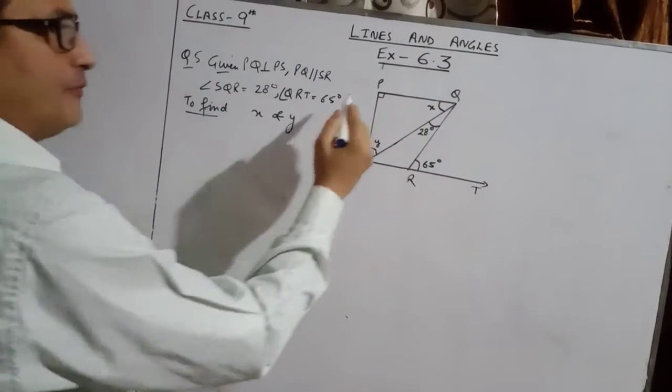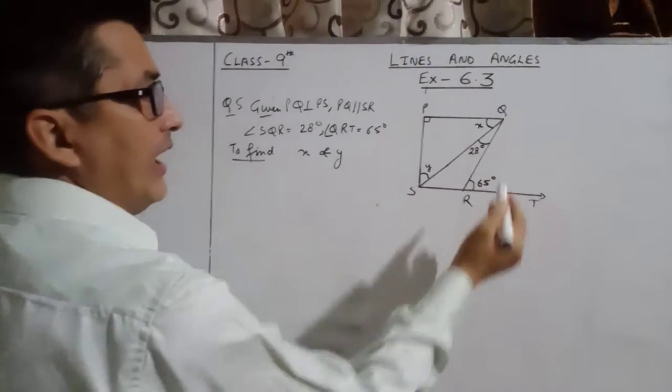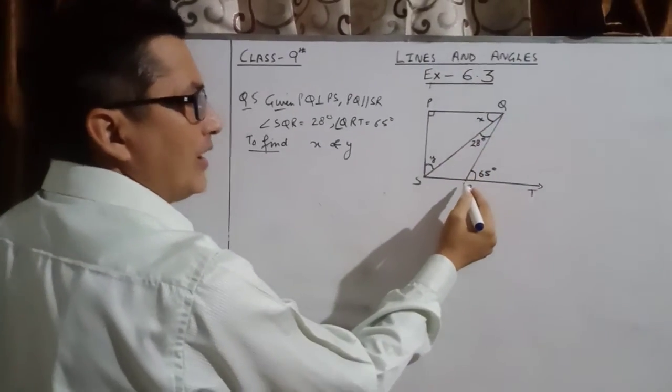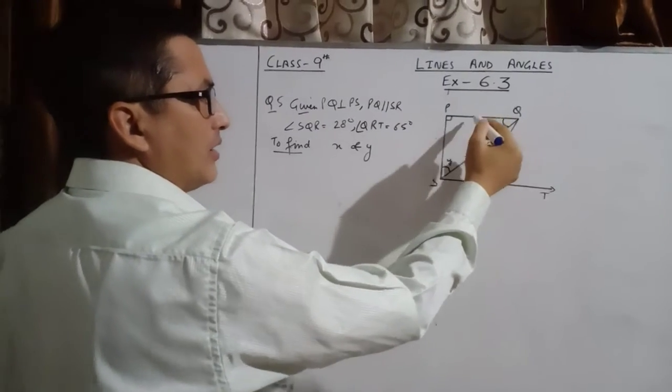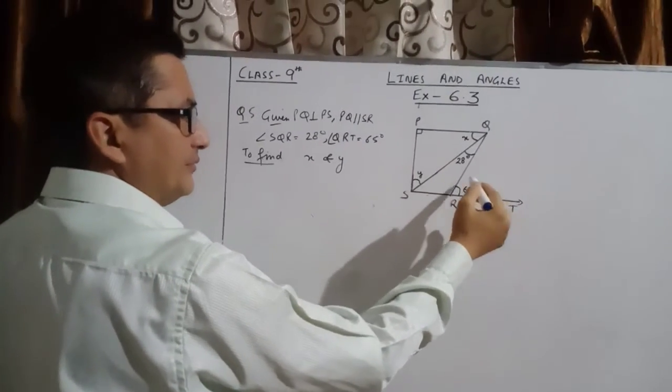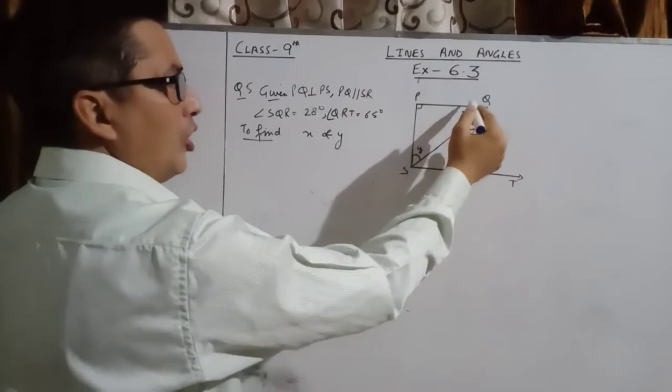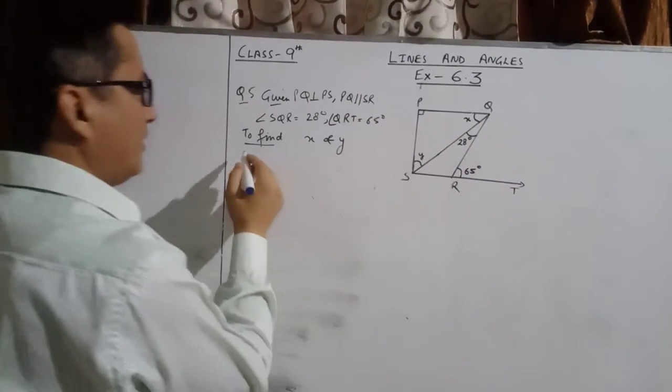Now beta, if PQ is parallel to SR and if QR acts as transversal, then this angle PQR and angle QRT, they are equal. Reason, alternate interior angles are equal.